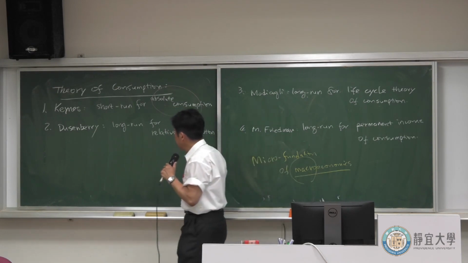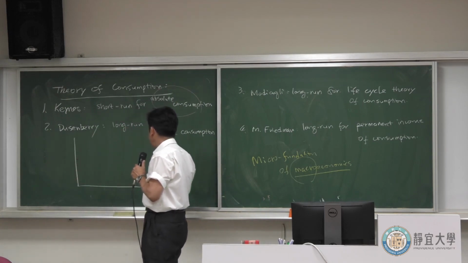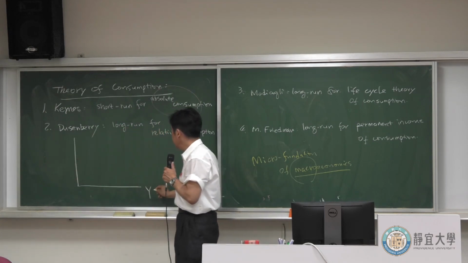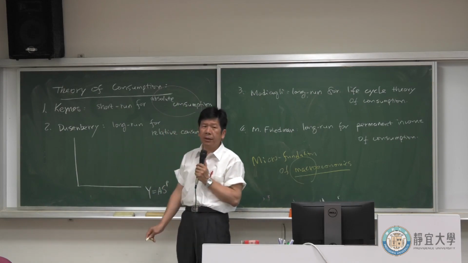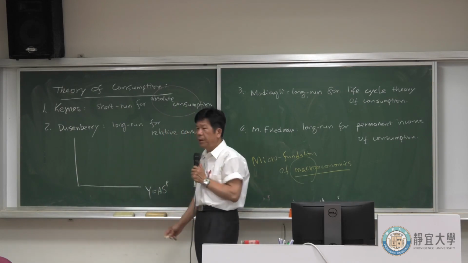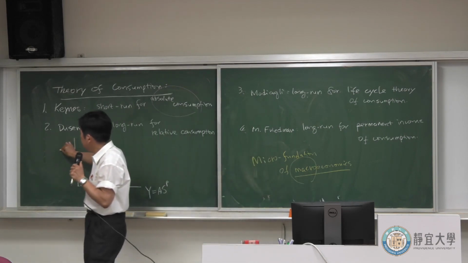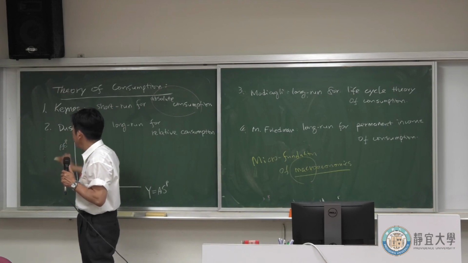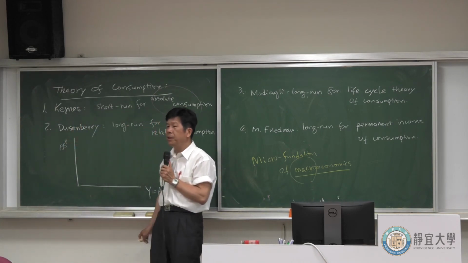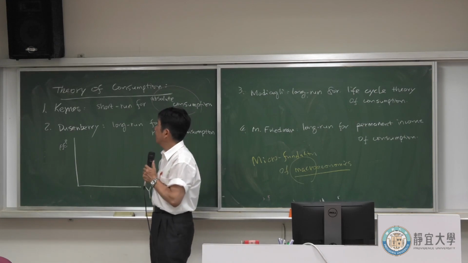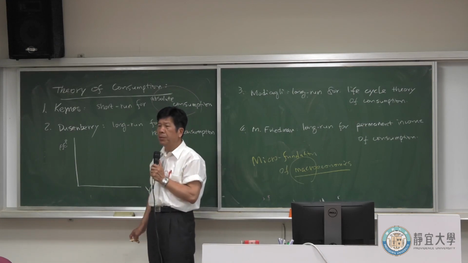For example, this is Y, planned aggregate supply or planned output, and this is AEP, planned aggregate expenditure, or planned aggregate demand or spending.